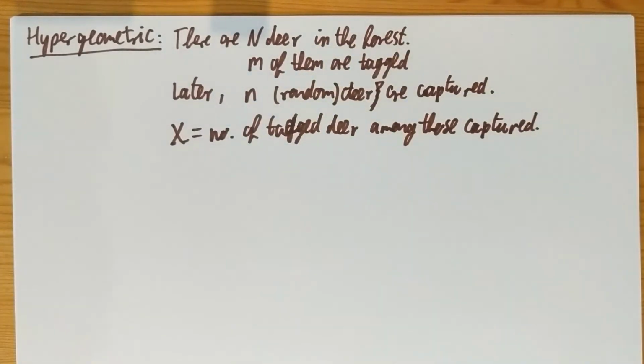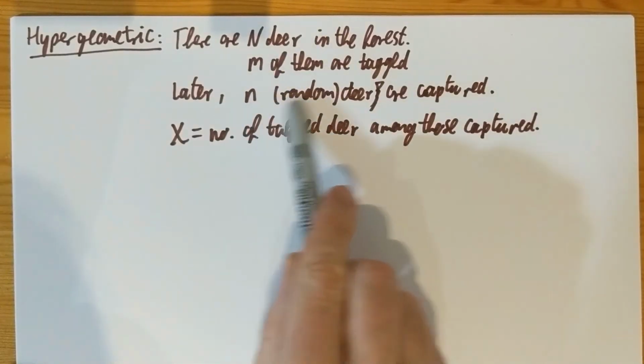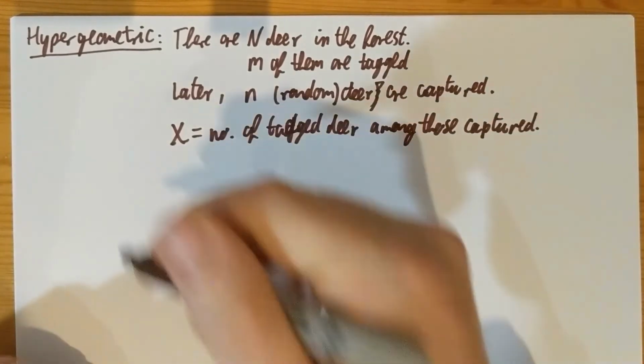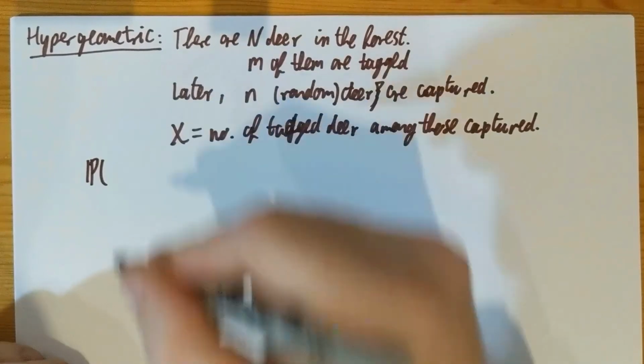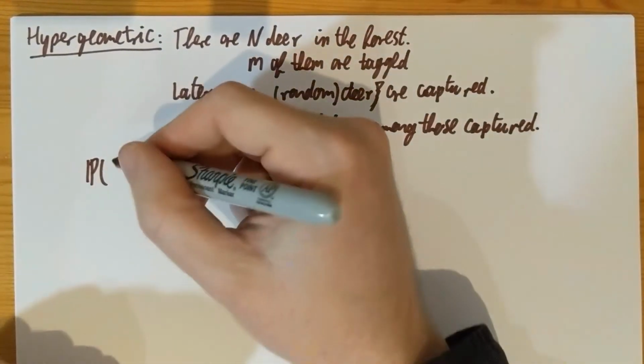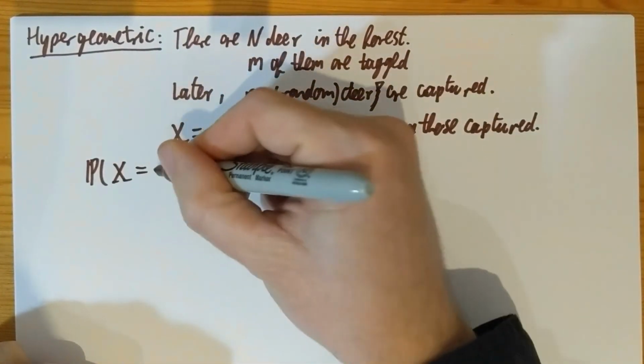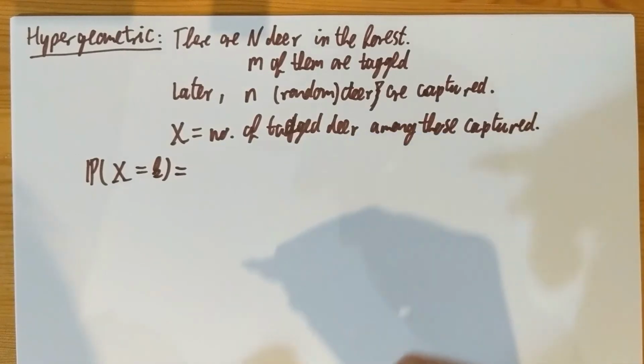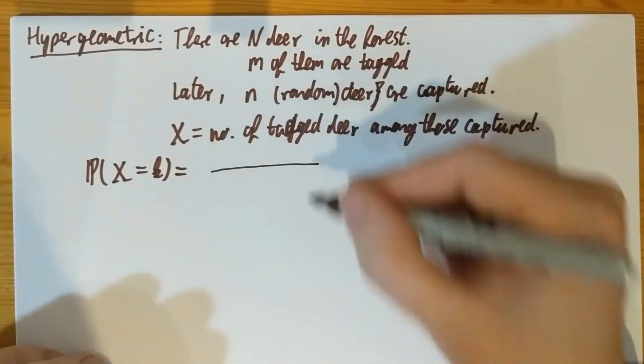But it might not be too small either, because if we tag a lot of deer and if we capture a lot of deer, then maybe there must be a big intersection between the two. So there are restrictions on x in all directions. I'm not going to list those. I'm going to straight away go for the mass function of x. What is the probability that x equals k? Okay, so what is the sample space of this experiment?